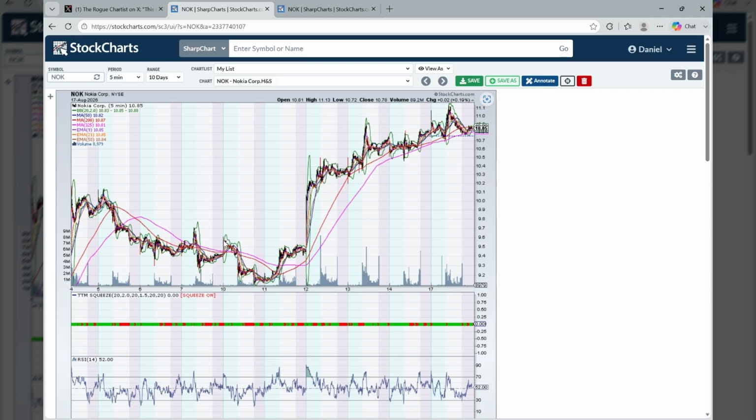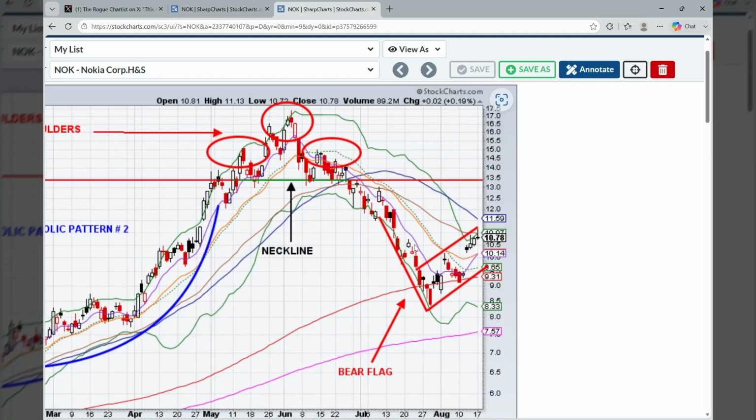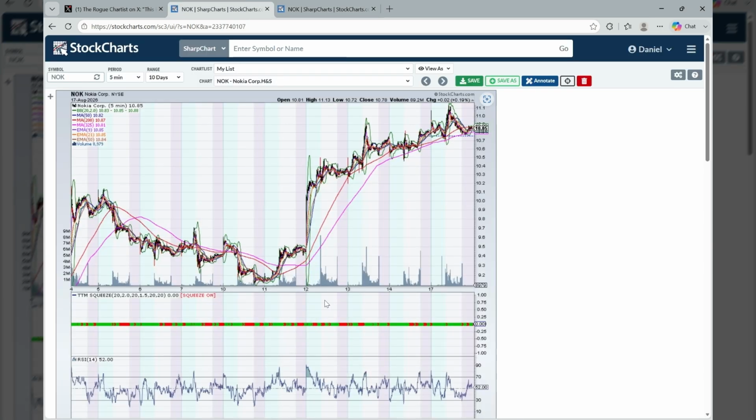So it came back down here, and this is the 10th right here. It came back down here, and then this candle right here is the 11th. So it came down and kind of parabolic curved up and then made a shelf.